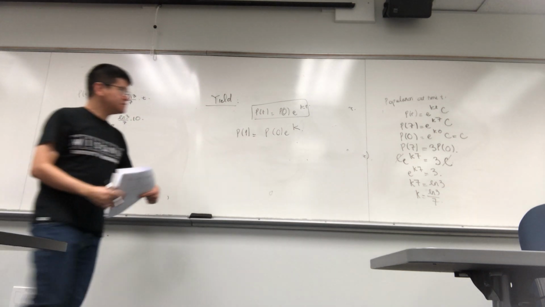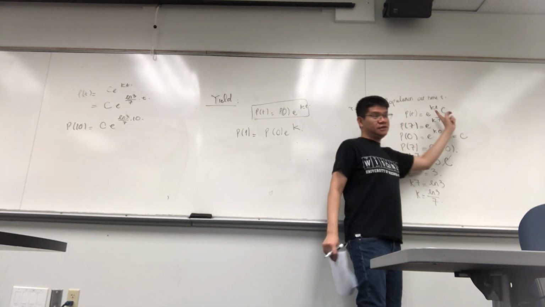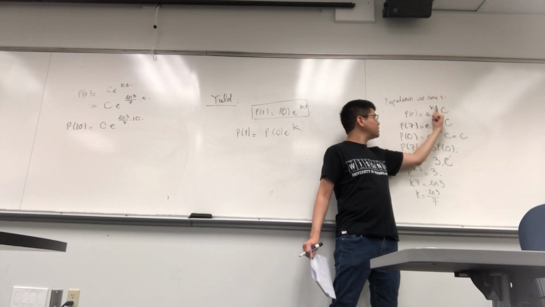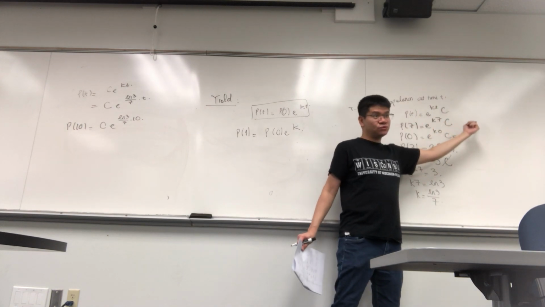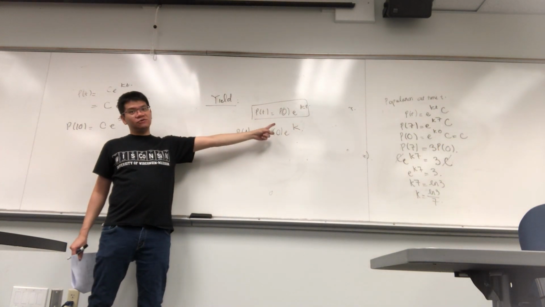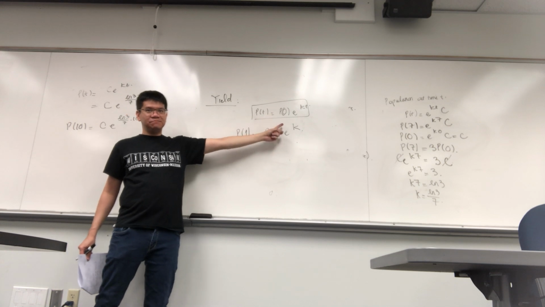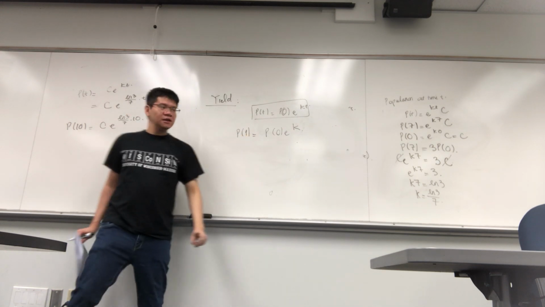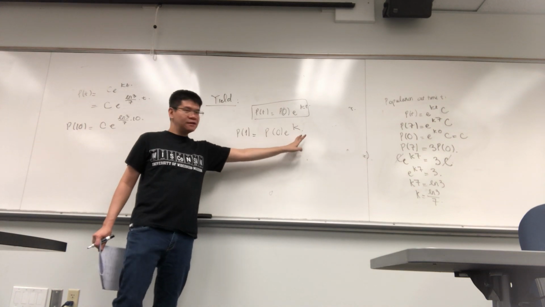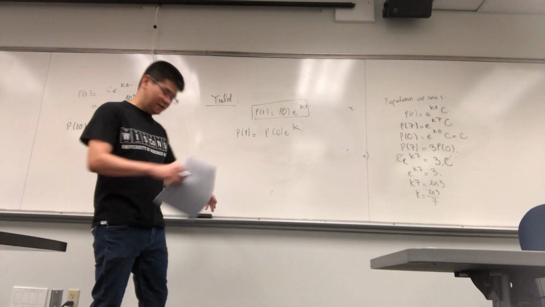In this formula, I have P(t) is e^(kt) times C, but if you replace t with 0, you're going to have P0 is equal to C. So I can write P(t) to be P0 times e to the kt. So P1 will be P0 e^k, right? So I replace t to be 1.